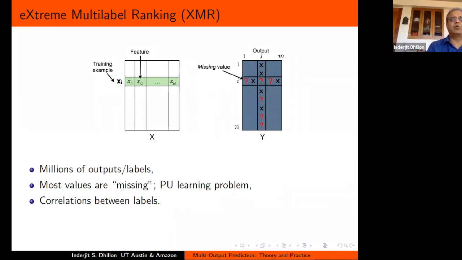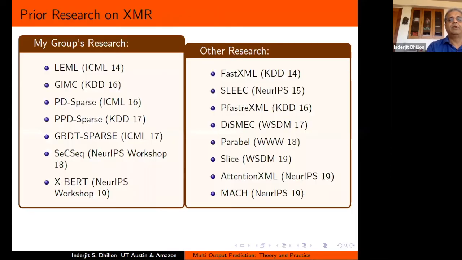Right now, we'll just ignore output features just to make the exposition simpler, but these can be handled. And then we have Y, but now think of M as being humongous, very large, in the millions, tens of millions. So again, one of the characteristics of the problem is that most of the values are missing. Typically, it is a PU learning problem, but we have correlations between the outputs or labels.